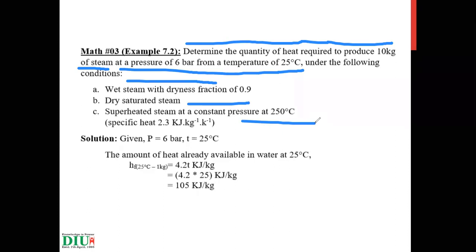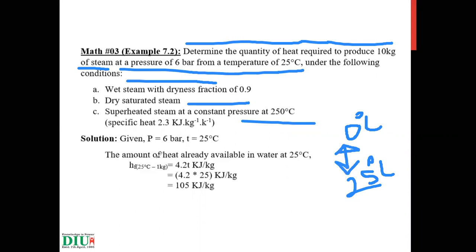So first of all, you all know that whatever value we get, we will get from 0 degrees Celsius, but we will require from 25 degrees Celsius. So first, just like in the last example, we calculate from 0 to 25, because we have to subtract this value in every steam.